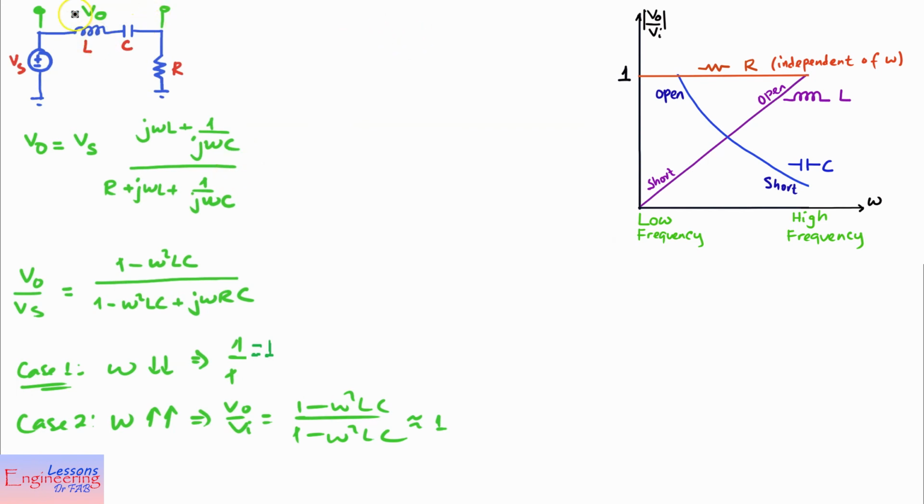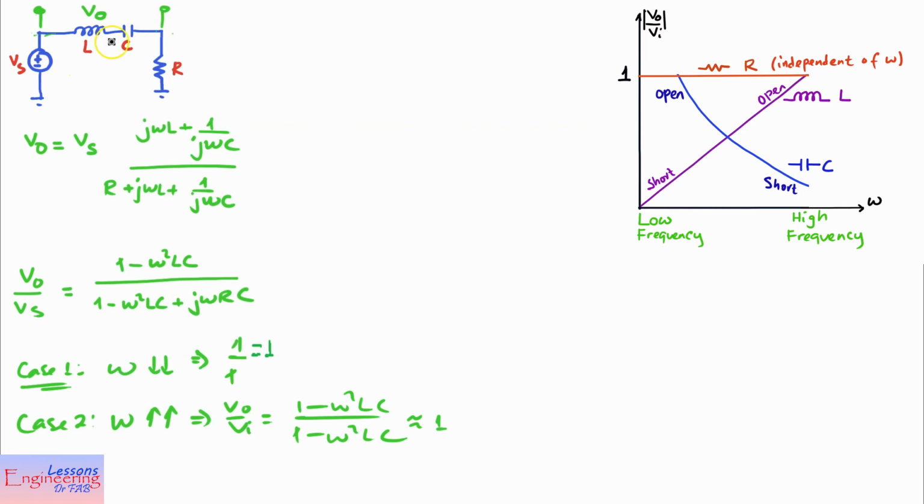For low values of omega, the capacitor acts as an open circuit, and the inductor acts as a short circuit, but the total effect is an open circuit, and again the voltage dissipation across it will be high, and all the source voltage will be dissipated across these terminals.